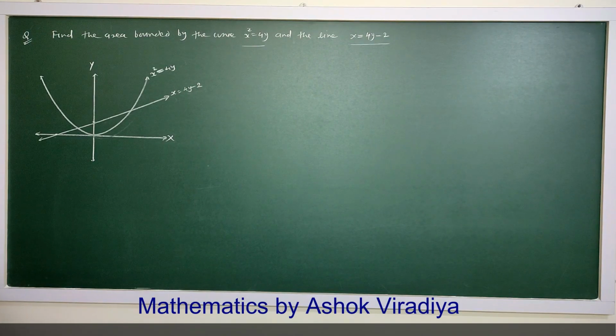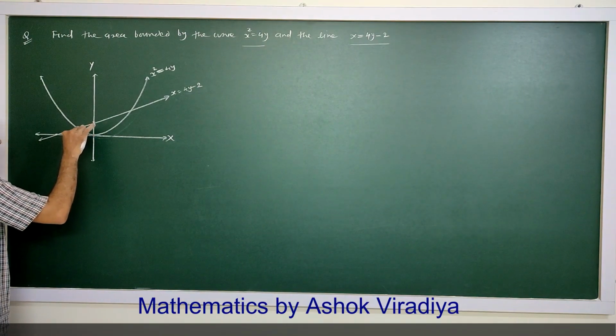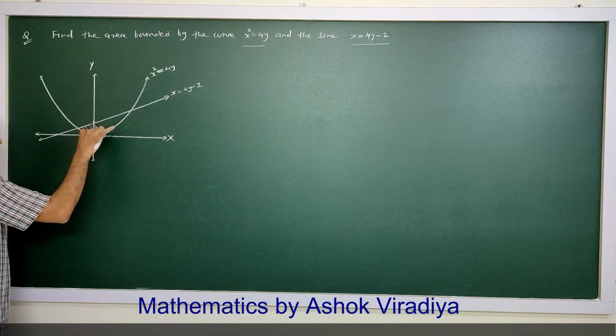Now we want the area bounded by the curve x square equal to 4y and x equal to 4y minus 2. So we want the area of this region.